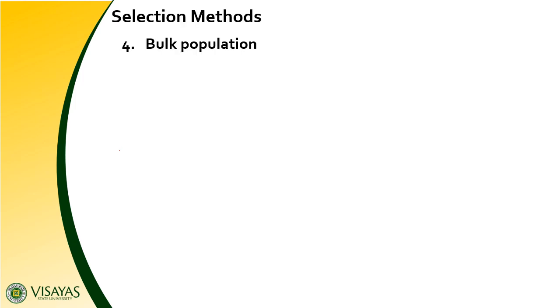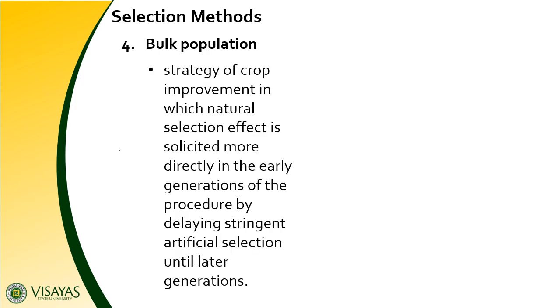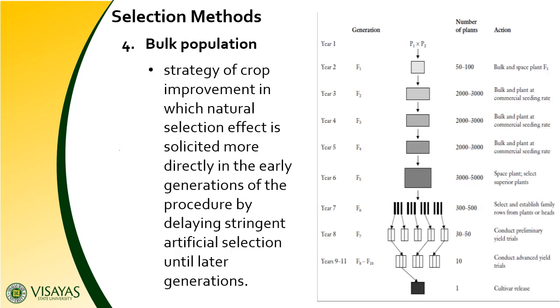So you have here the fourth selection method, the bulk selection. The strategy of crop improvement in which natural selection is solicited more directly in the early generations of the procedure, by delaying the stringent artificial selection until the later generations. So in bulk selection, during the first years, what you allow is natural selection.